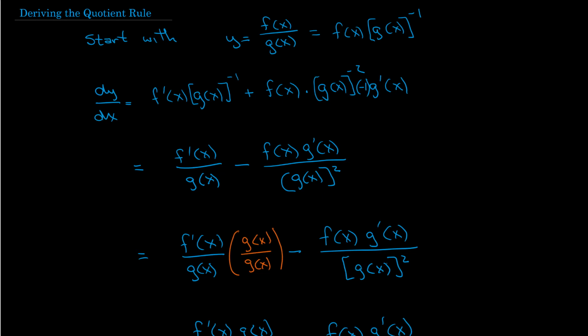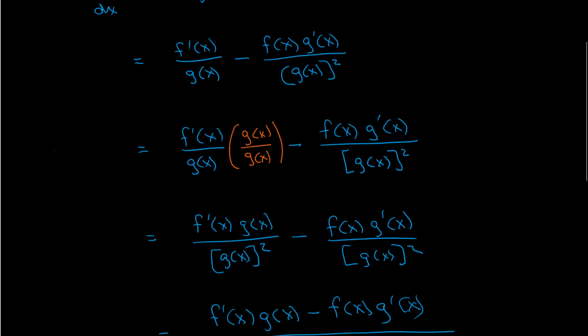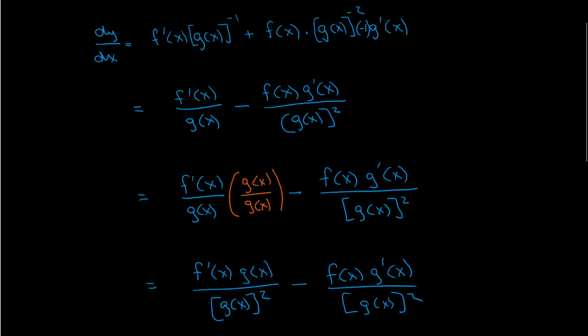Okay, the next step is purely algebra. In fact, the rest of this is purely algebra. From here, I'm going to rewrite this first term with the g of x back in the denominator, which is really what g of x to the -1 means. Then I'm going to rewrite this second term being mindful of two things. First, g of x to the -2 right there goes into the denominator.